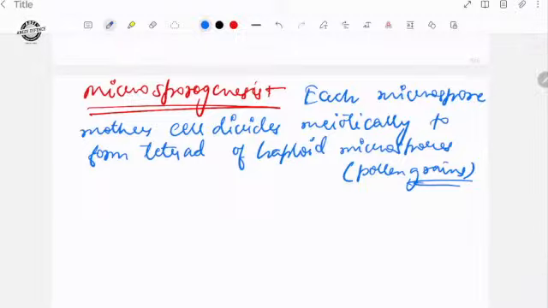See, there is a lot of misunderstanding about what meiotically means.